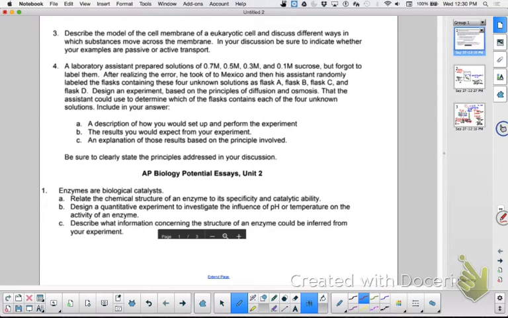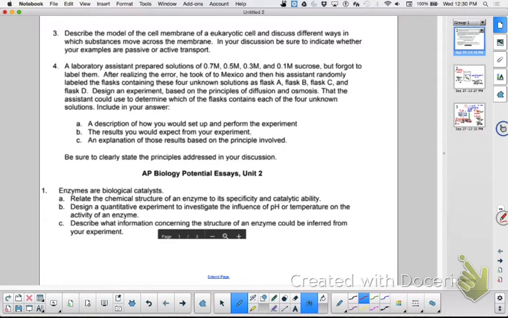Right? So then let's look at what it says here. A description of how you would set up and perform the experiment. So I would need to explain that process of how I would set up that experiment. Okay, and think about flow charts and what you do for me, the general premises of that experiment. B, the results I would expect from that experiment. So we talked about that. I would assume whichever one had the highest molarity would have the lowest water potential and have the greatest percent change in mass.